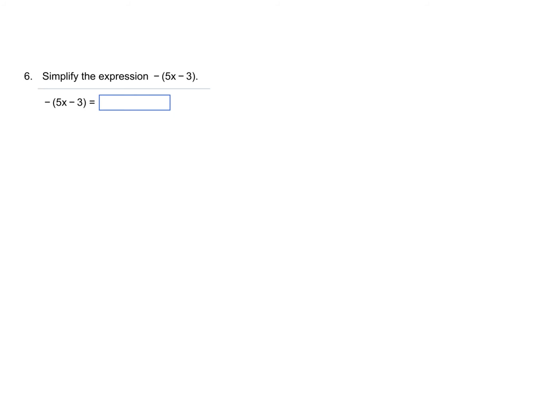All right, the idea on this one is essentially saying this. You want the negative of all of this. And if you did essentially distributive property, you can think of that as saying negative 1 times, oops, it's like a negative 1 times 5x, or negative 5x, and negative 1 times negative 3, or positive 3.